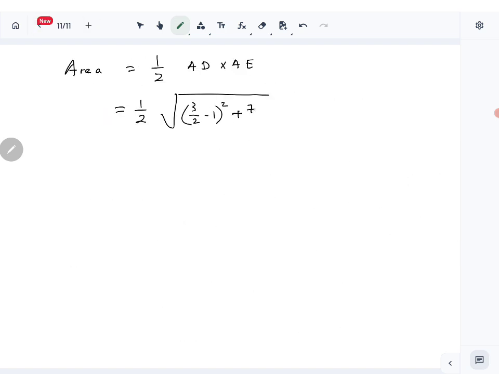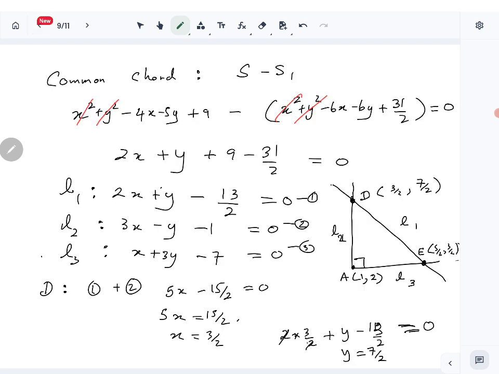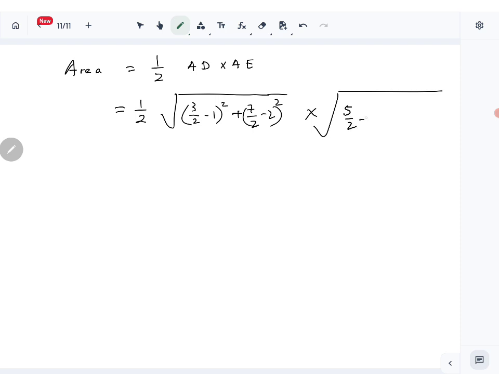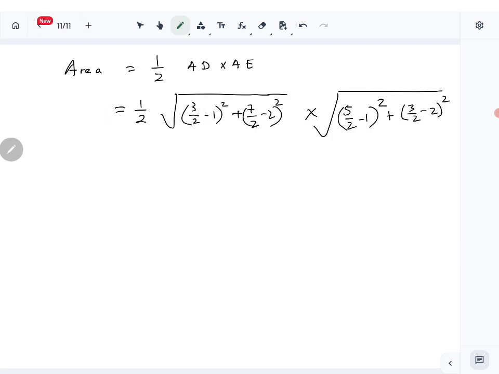Then the AE length, which is the base length: 5 over 2 minus 1 squared plus 3 over 2 minus 2 squared. So then simplify and get the final answer.